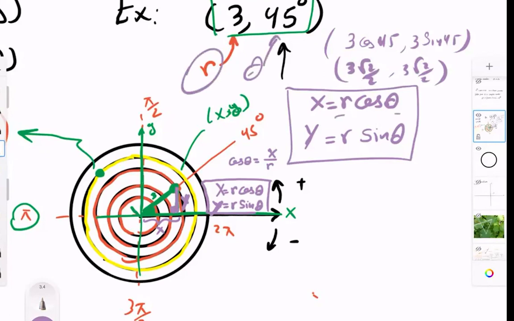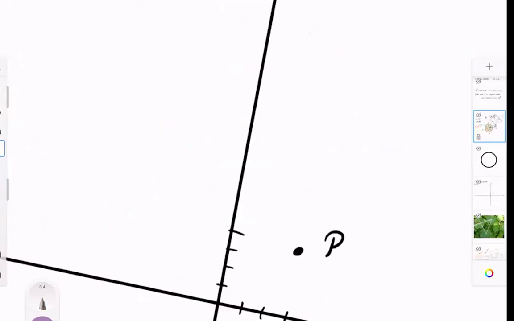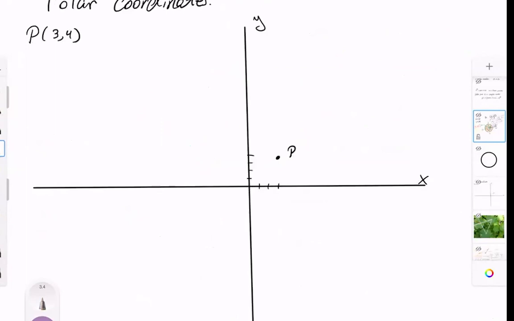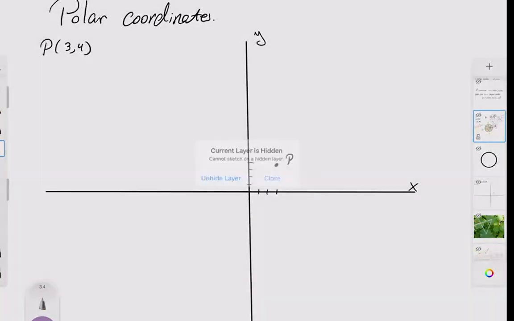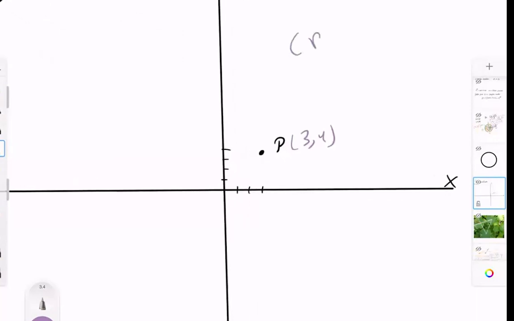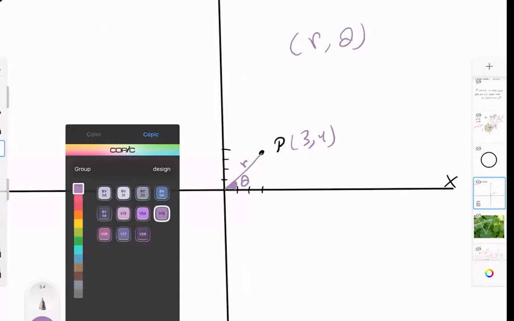We also can go the other way. This point was 3, 4, correct? This was rectangular. How do we make it a polar coordinate? Polar coordinate means we need r and we need theta. This is r, and this angle is theta. How do we find it?